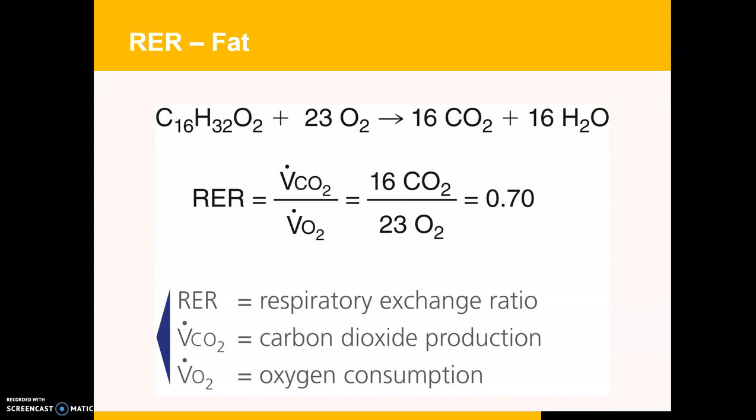In the example of palmitate ni, 23 oxygen molecules are needed for complete oxidation, resulting in the production of 16 carbon dioxide molecules. Sebab dia dah ada oksigen sini, dia perlukan 23 molekul oksigen to produce 16 carbon dioxide molecules.